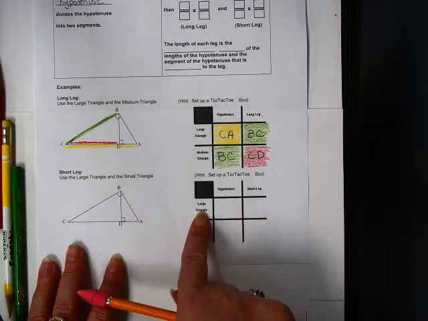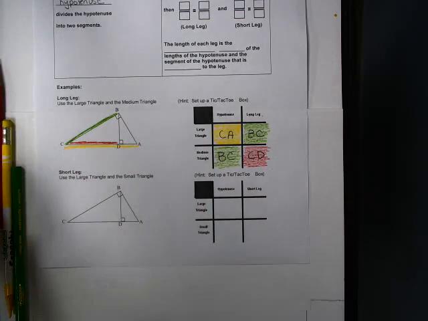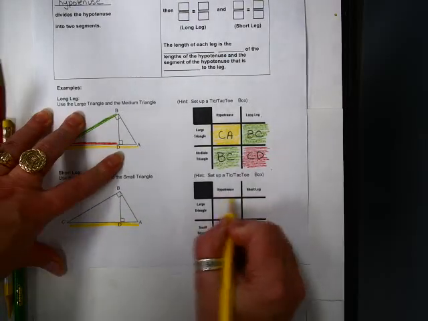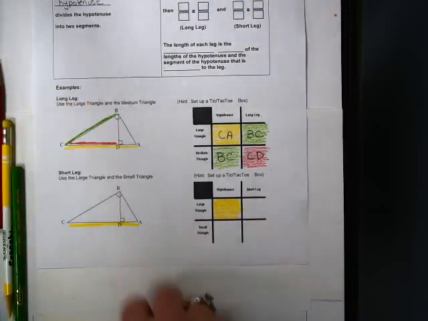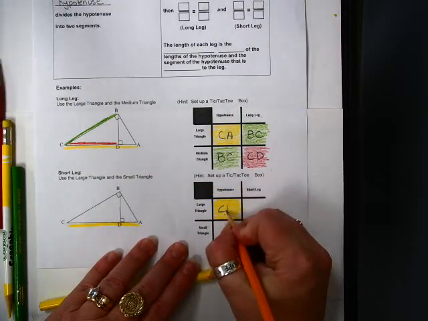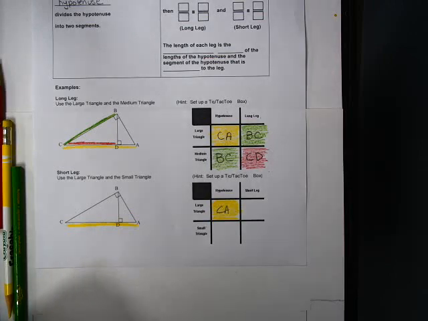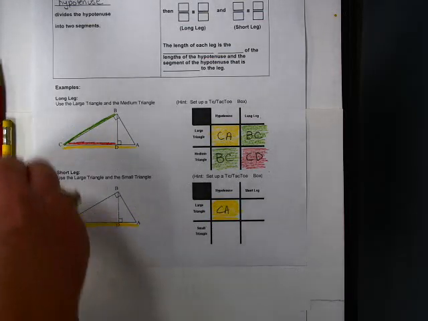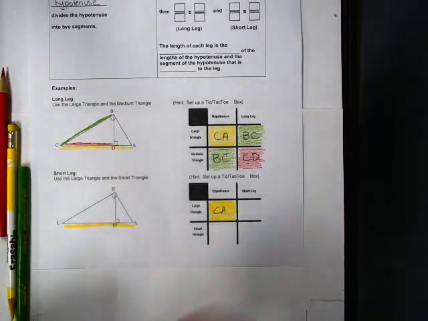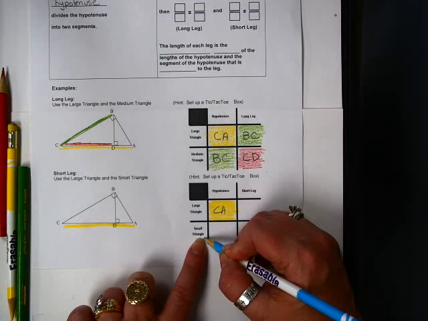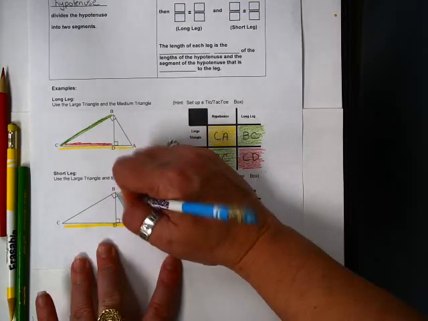So hypotenuse of the large, same thing. I'm going to use the same colors. So again, that's CA. And then, let's see. I'm going to need a different color because I need the hypotenuse of the small triangle. What would be the hypotenuse of the small? Good.